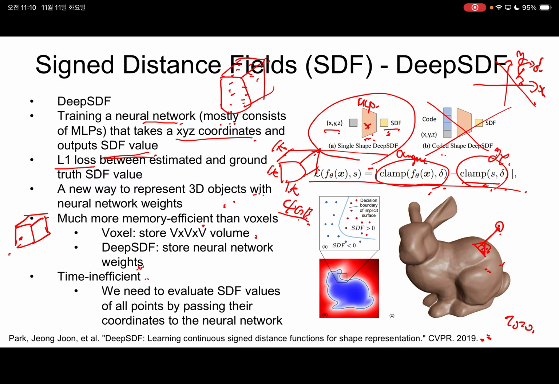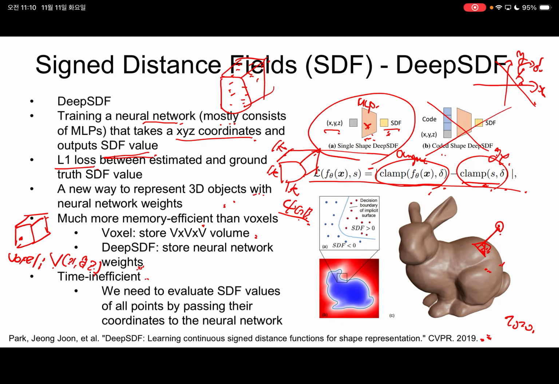In the case of voxels, we can just simply retrieve it. Let's say we have a volume V, a three-dimensional tensor, and then we can simply take the voxel value, whether it is occupied or not, by just taking the value at the x, y, z position, right?